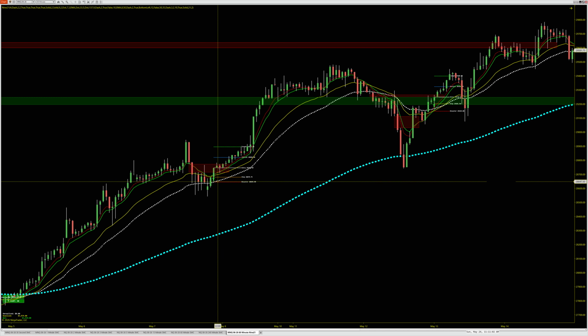So I have what I call a disaster stop. I think that's set at 2% of account. So you can see here that the hard stop at the bottom of the signal candle is less of a risk than the disaster stop. So the disaster stop in this case wouldn't be a factor because price would be stopped out by virtue of the hard stop before it got to that.